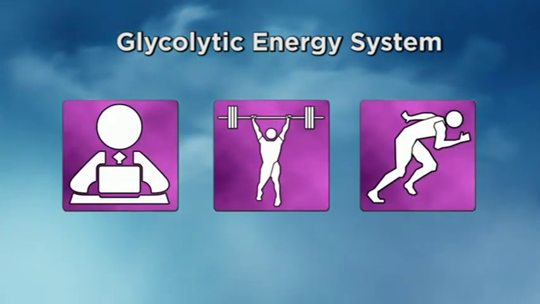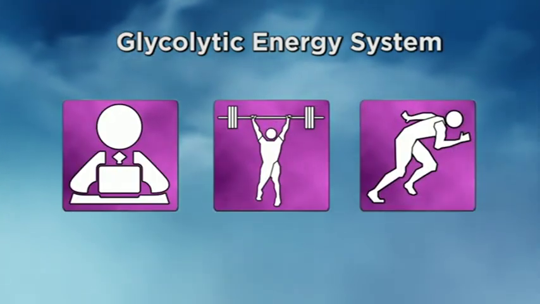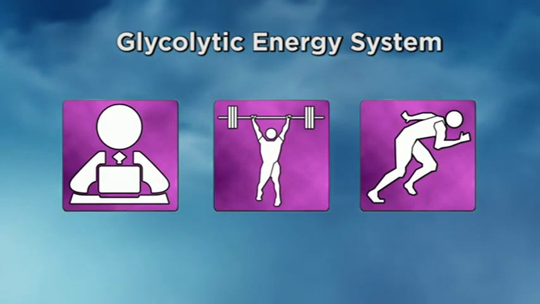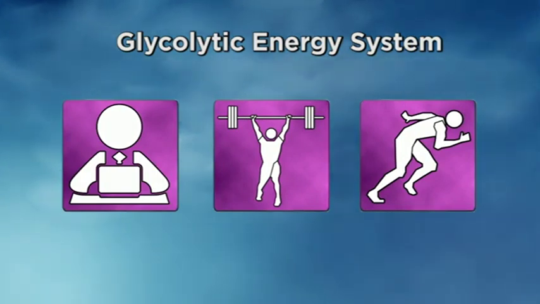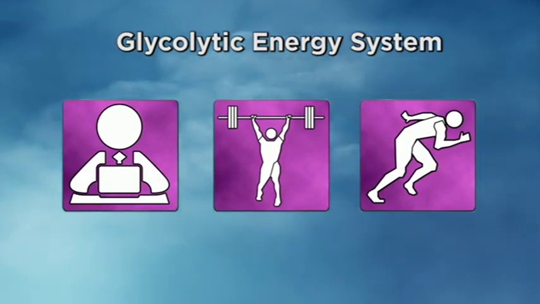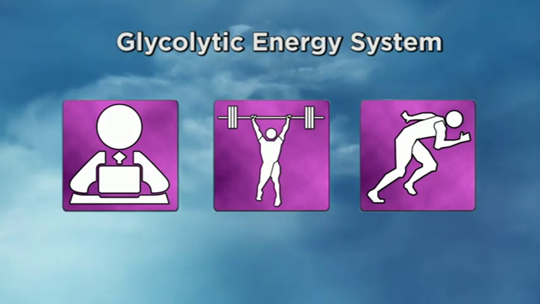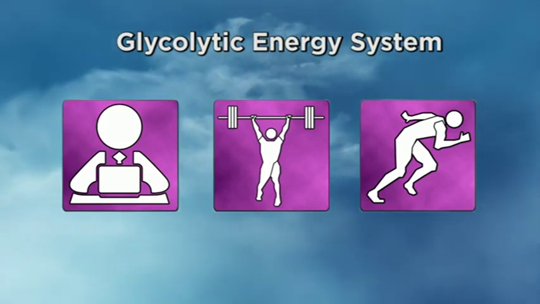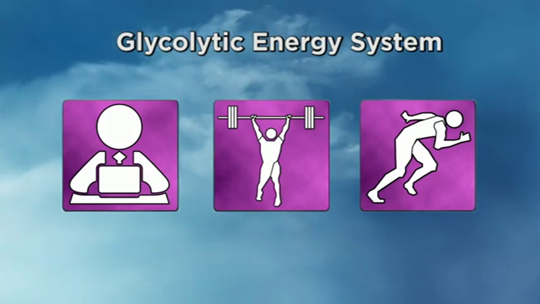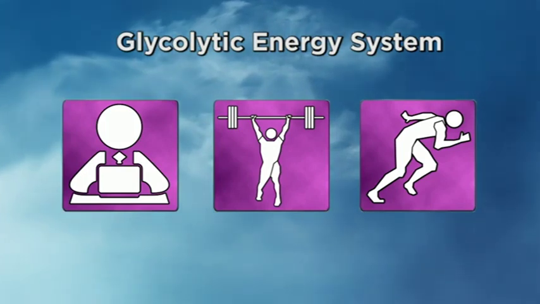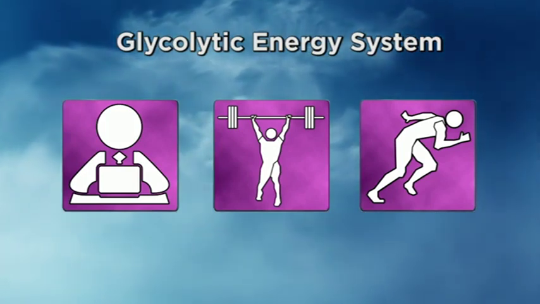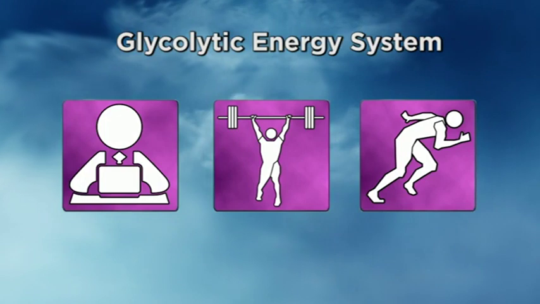The glycolytic energy system is one you rely on during any sort of physical activity. Again, the three energy systems work on a continuum where they are all working but kick in to a much greater extent when required by the intensity for what you are doing, whether typing on your computer or lifting weights or running a marathon.